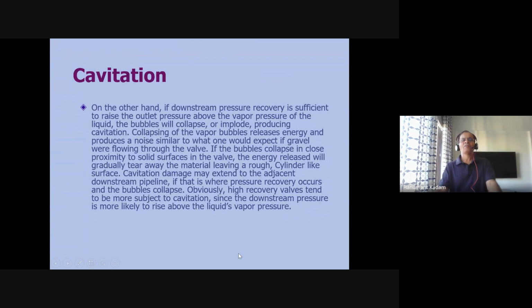Another effect is cavitation. On the other hand, if the downstream pressure recovery is sufficient to raise the outlet pressure above the vapor pressure of the liquid, the bubbles will collapse or implode, producing cavitation. Collapsing of vapor bubbles releases energy and produces a noise similar to what one could expect if gravel were flowing through the valve.